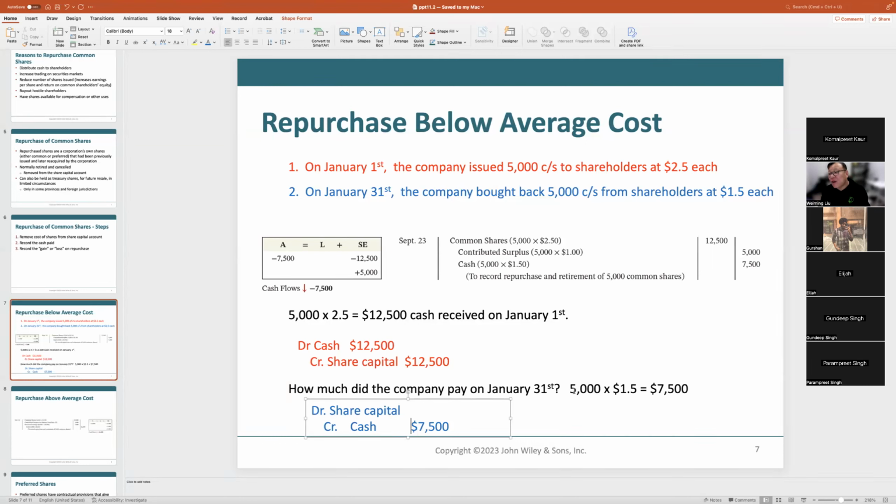So how much should you debit share capital? Yeah, that's correct. You should retire all of them, right?